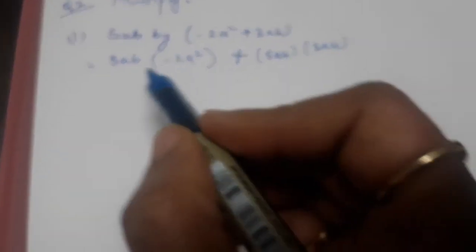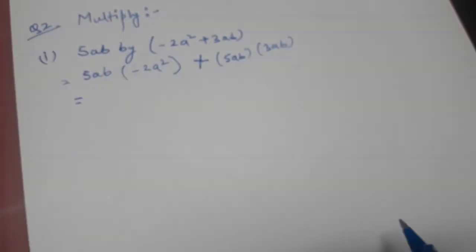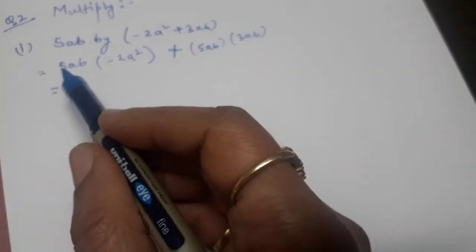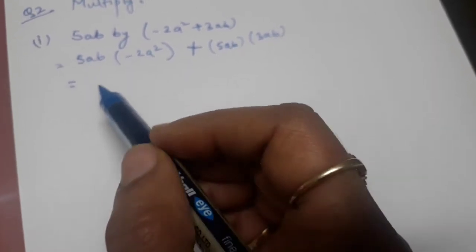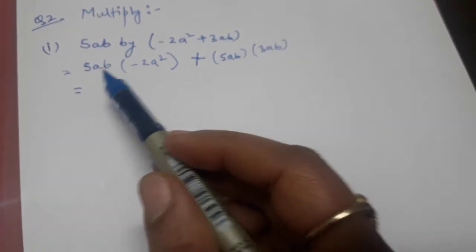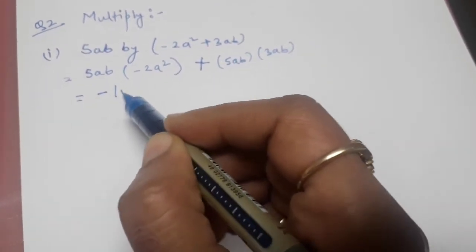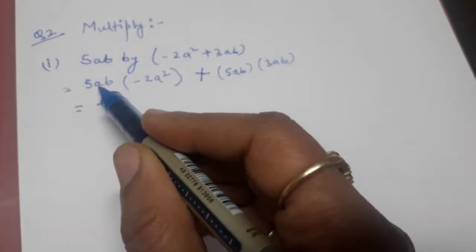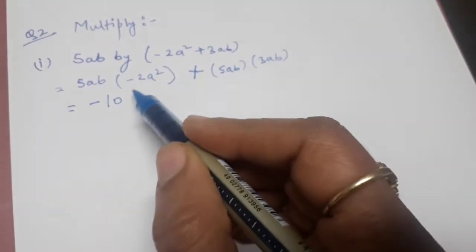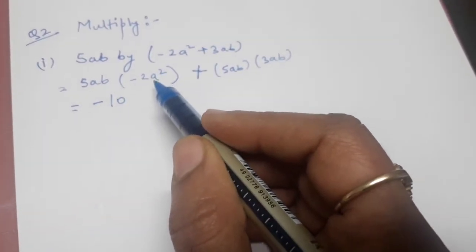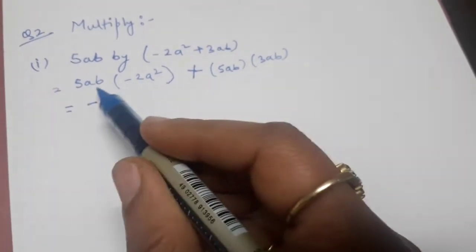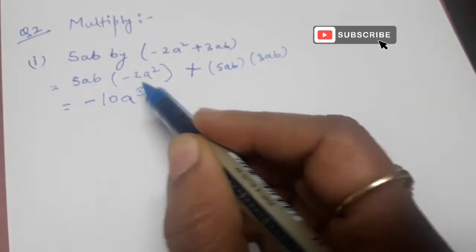Clear? So in my previous video, we have learned how to multiply numbers with numbers, or constants with constants, and variables with variables. So 5 and minus 2 will get minus 10. A and a square, when multiplied, the powers will be added, so it will become a cube.